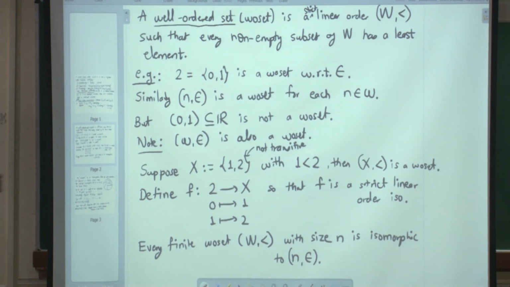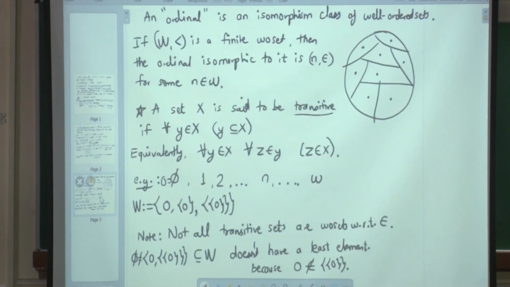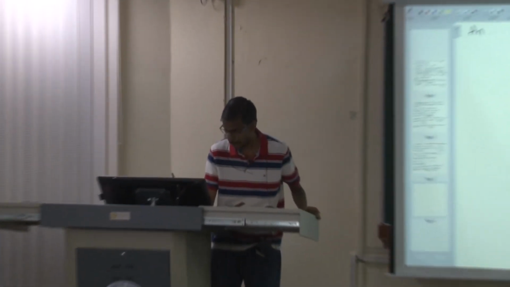So there are some well ordered sets which are not transitive. There are some transitive sets which are not well ordered with respect to membership relation. But what we are interested in is an ordinal: a well ordered set (W, ∈) that is also transitive.